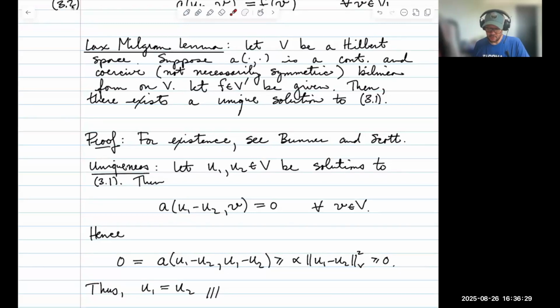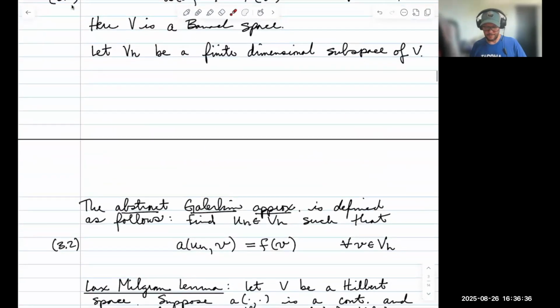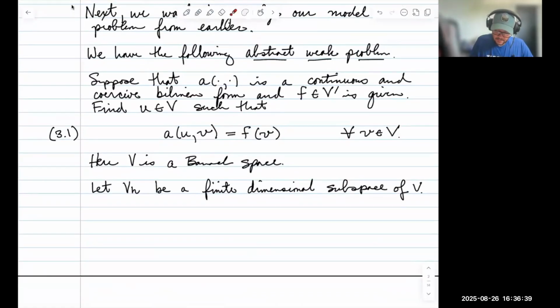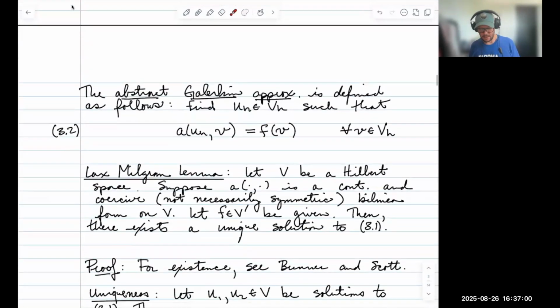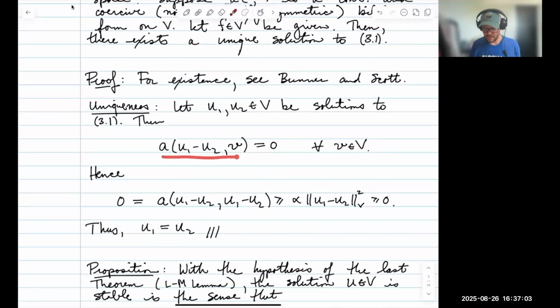Suppose that u1 and u2 are solutions to 3.1, right? So what does it mean to be a solution to 3.1? It means that u1 satisfies 3.1 for all test functions v in V, and u2 satisfies the same equation for all test functions v in V. So I can subtract those two instances and use the linearity in the first argument for A. And that's exactly where this line comes from.